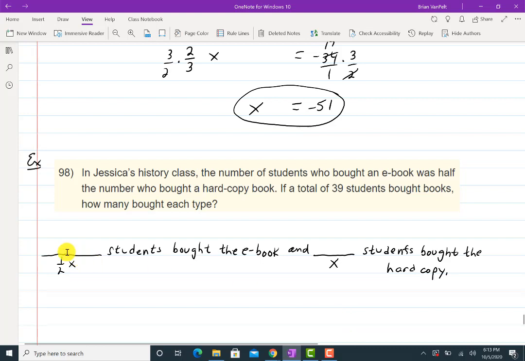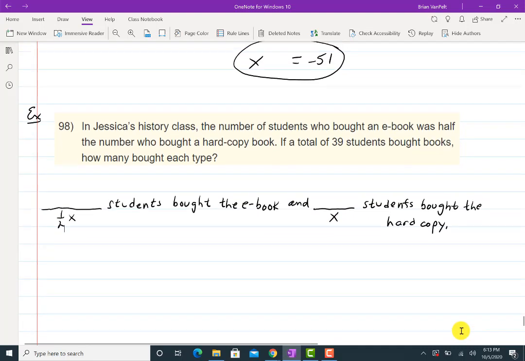Alternatively, if you had called this one x, then this over here would have been 2x. But I'm using the words that were in here. So we know that the number of people that bought an e-book plus the number of people that bought a hard copy total up to be 39.